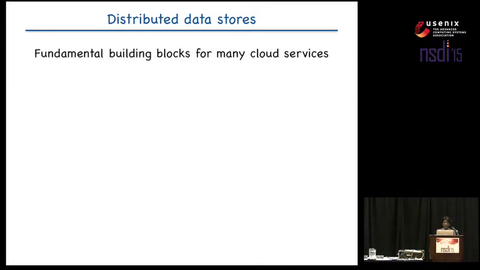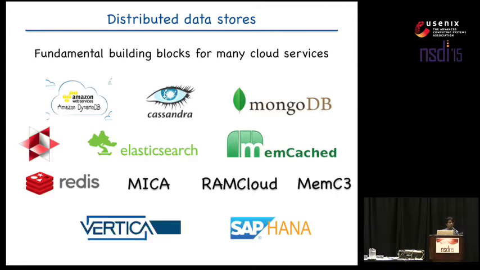And we already know a large number of distributed data stores, starting with simple DHTs to more complex Cassandra, MongoDB, and towards the end, more database style, Vertica and SAP HANA. These data stores differ very much in details and the kind of functionalities they provide.